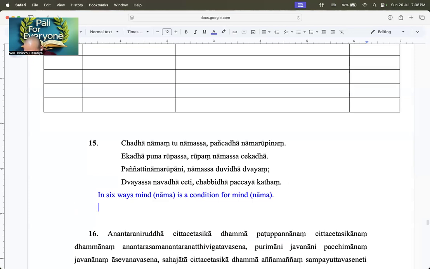And now the second one is in 5 ways: panjadha nama rupinam. In 5 ways, mind, nama, is a condition for namarupa, mind and matter. So it mixes mind and matter, nama and rupa.